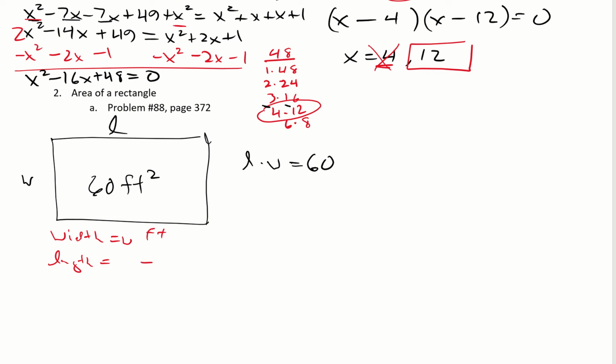So it would be take away 2 from twice the width feet. So there's this guy, there's that guy. So in place of L, I'm going to write 2W take away 2. It's going to multiply with W, and it's going to equal 60. And folks, you're looking at the next quadratic equation to conquer.